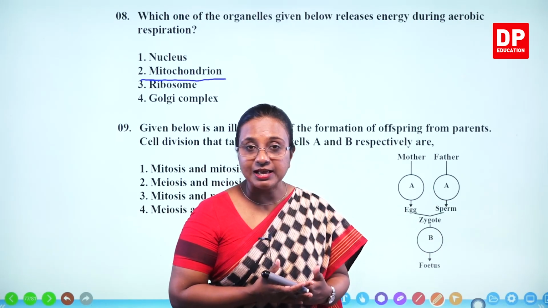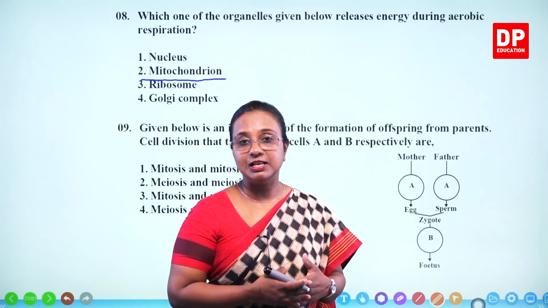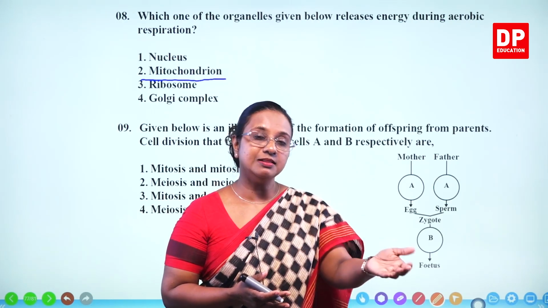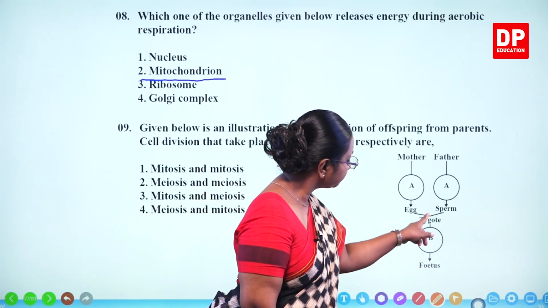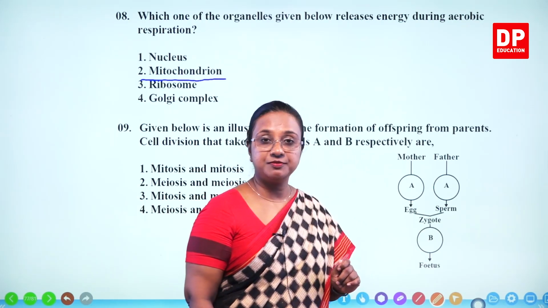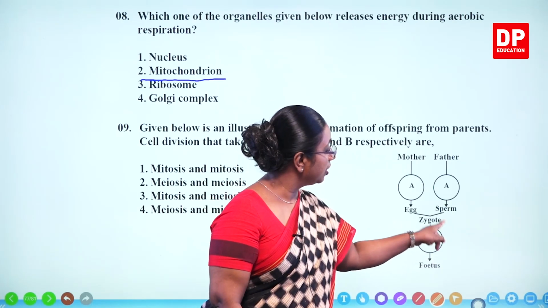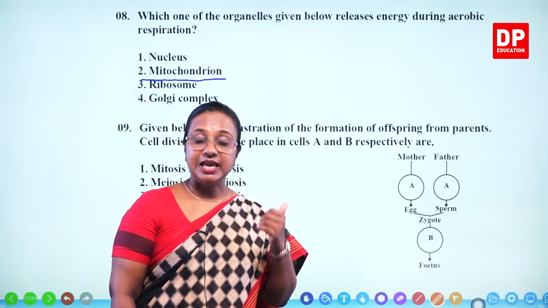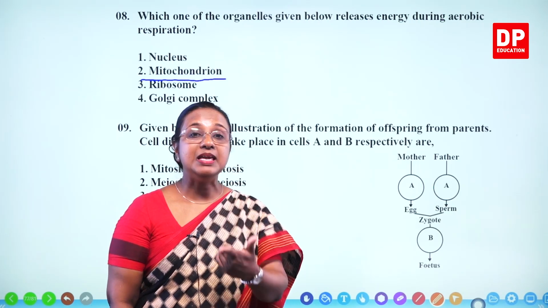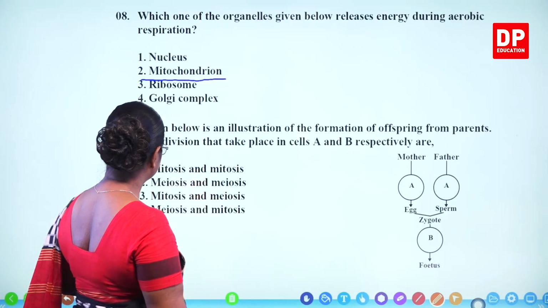The fetus will develop and the child will be born, and then thereafter the child will grow. So their zygote becomes the fetus due to mitosis, cell division. So A has to be meiosis, B has to be mitosis.